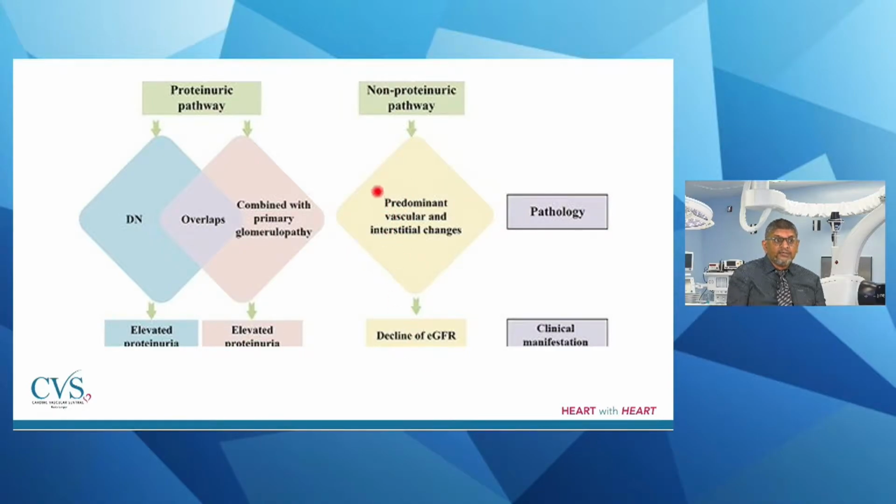Therefore, you do not get too much proteinuria or microalbuminuria. The other, the classical pathway, is where you get proteinuria because of mesangial hyperplasia within the glomerulus. Sometimes you have other forms of glomerulopathies overlapping, leading to proteinuria and elevated serum creatinine. So the non-proteinuric and proteinuric pathways.